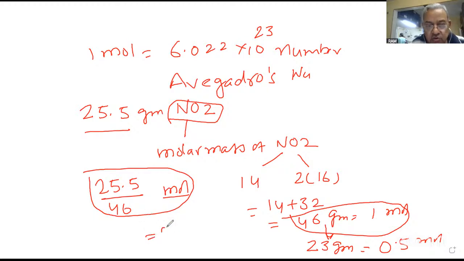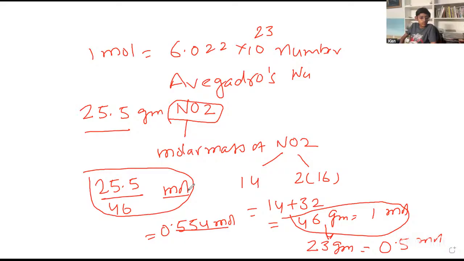That comes to 0.554 mole. This is the amount of mole in 25.5 gram of NO2. So whenever it is given, we have to first find out the molar mass.